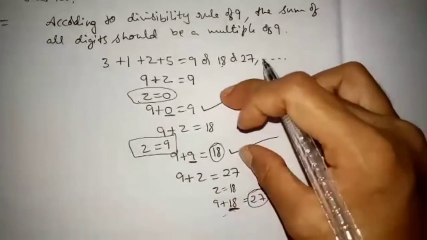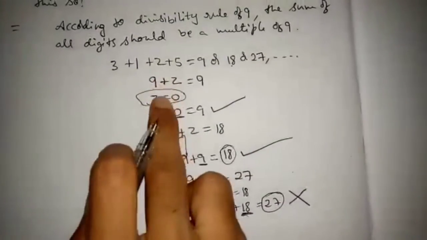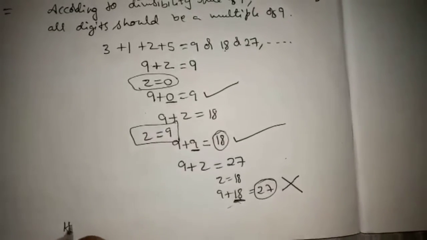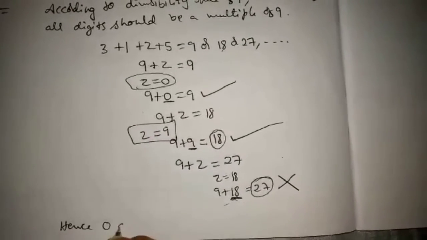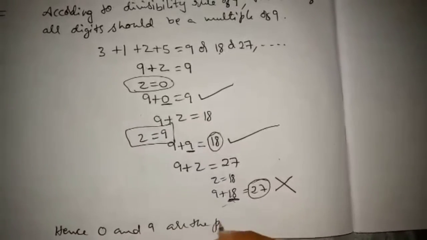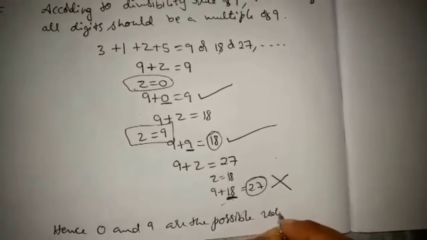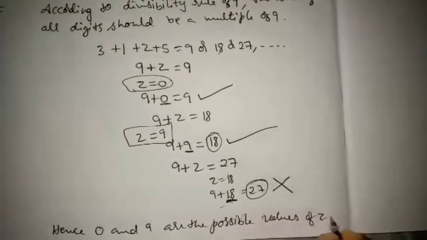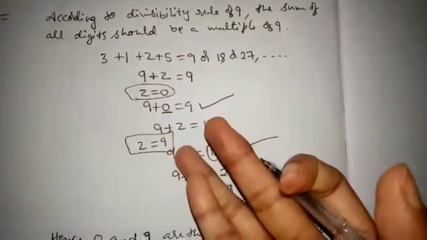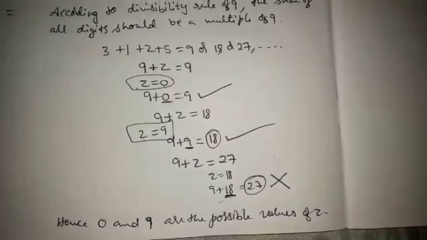So we'll get two answers. Hence z equals 0 and z equals 9 are the possible values of z. We can take z equals 0 or z equals 9. These are the two possible values of z.